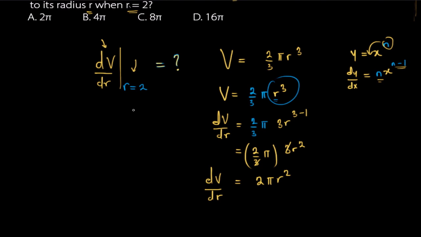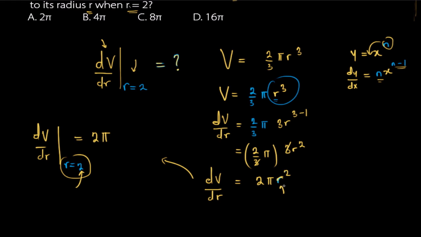But it doesn't stop there. The question says find dV/dr at r equals 2. Now dV/dr we have here is 2 pi r squared. So to find dV/dr at r equals 2, anywhere you have r, you replace it with 2.